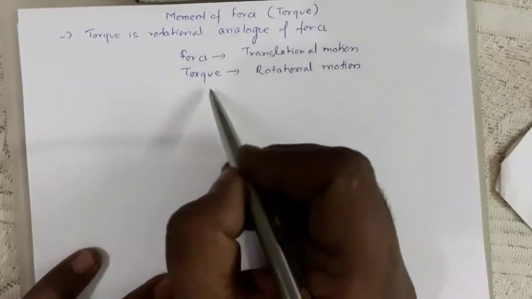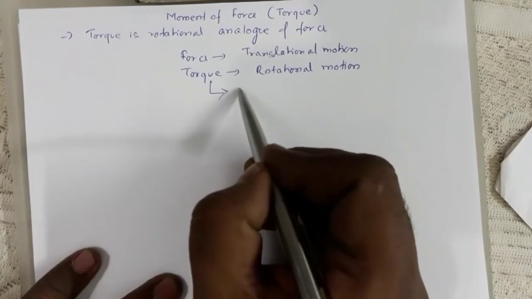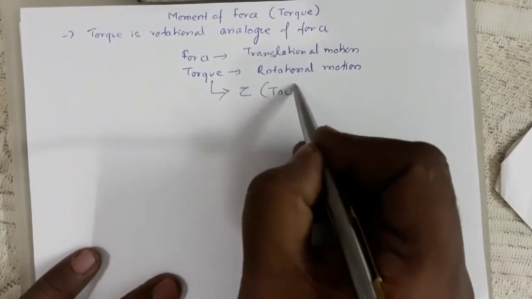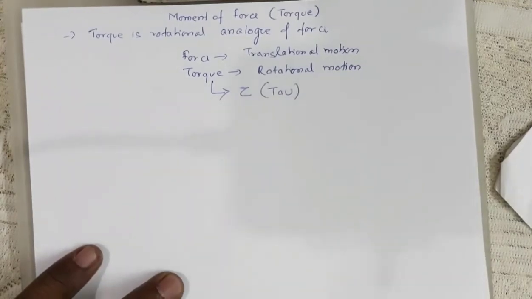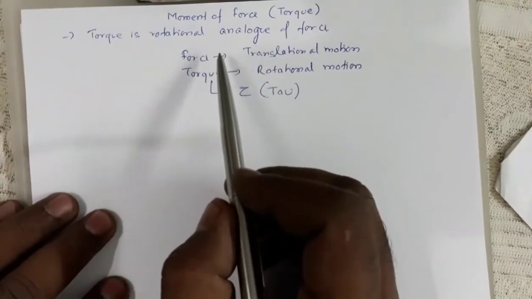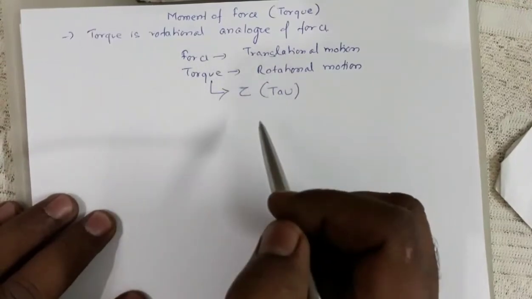This torque is represented by the symbol tau, the Greek letter tau. So I will calculate the torque for a single particle.